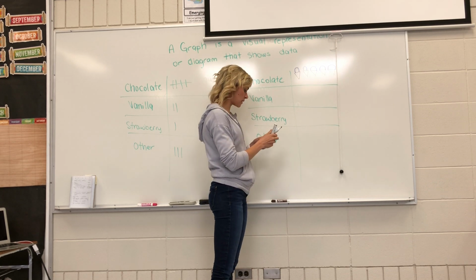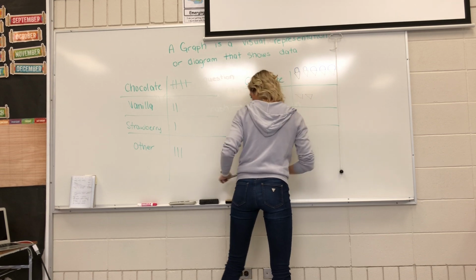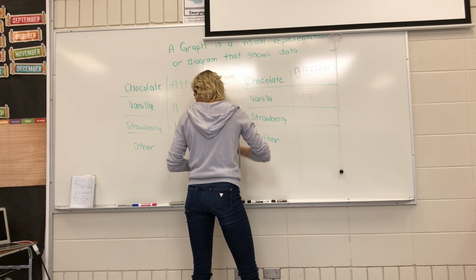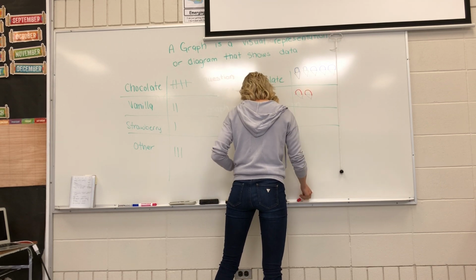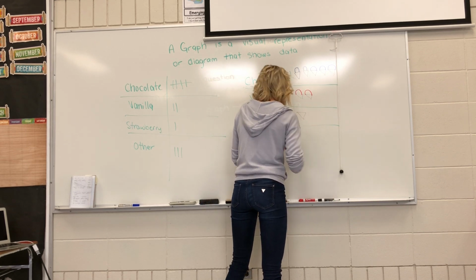I have 2 vanilla, so I will draw 2 ice cream cones for vanilla. I'm going to use red. For strawberry, I had 1. I'm going to use pink.